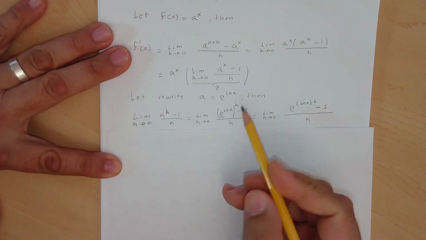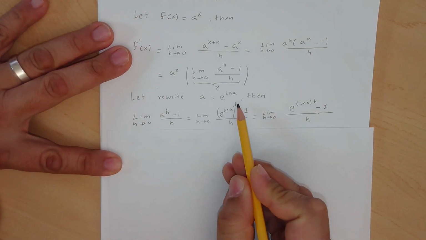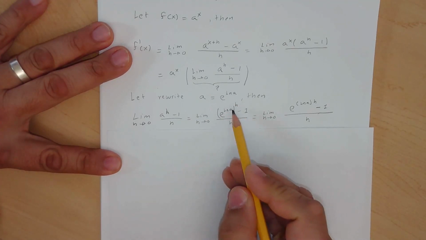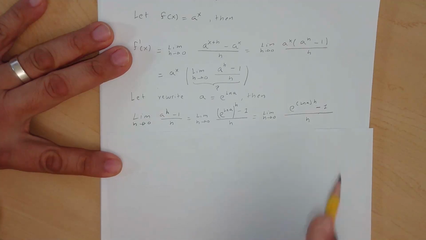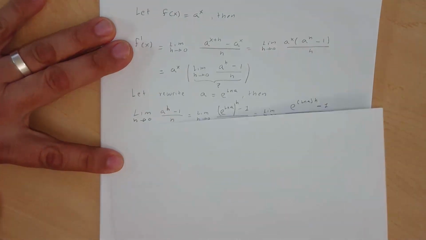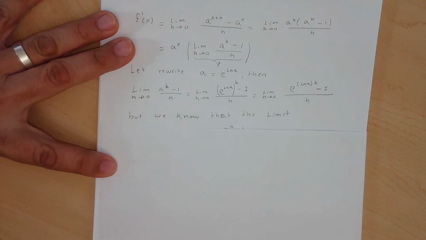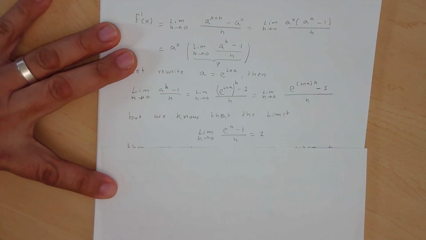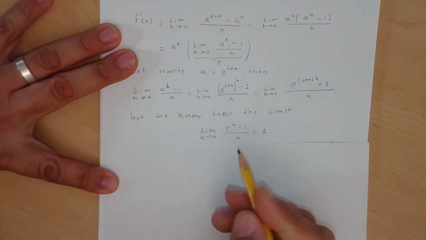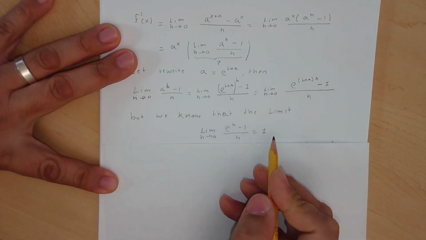So the exponent h will be the exponent of everything, but by the exponent rule we will have this multiplying as we have it here. But we know from the previous video, the squeezing theorem of the limits, that this limit basically is 1.